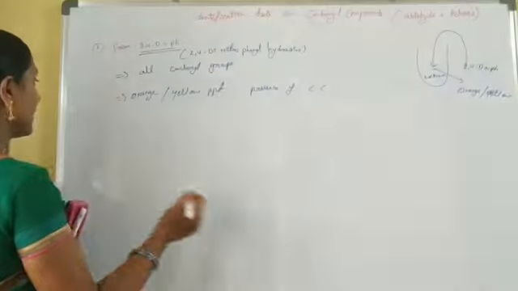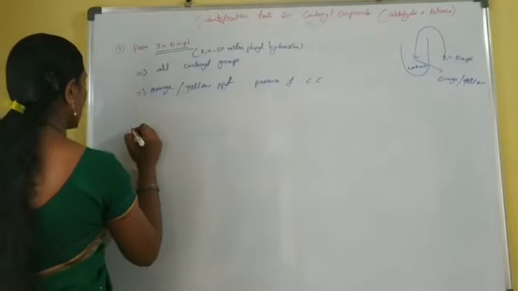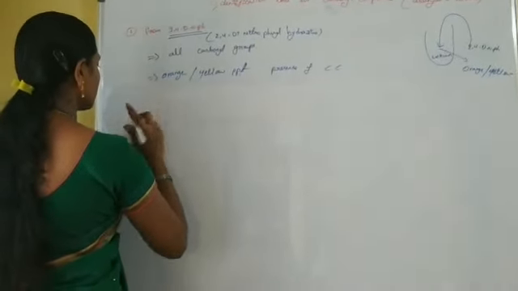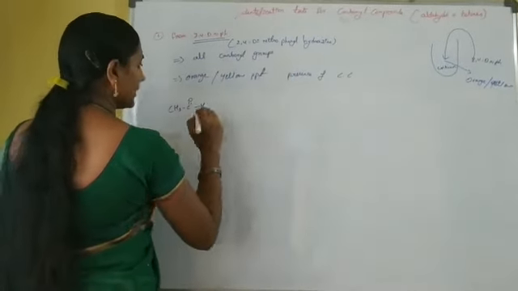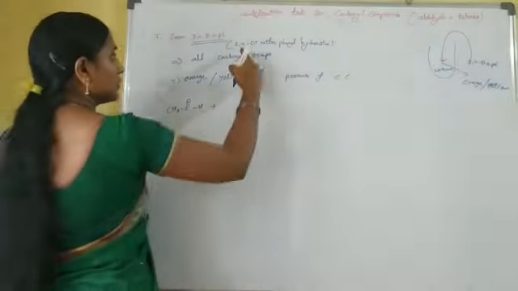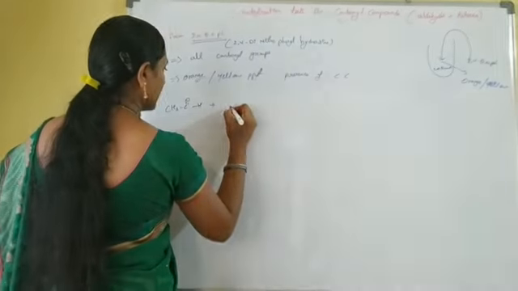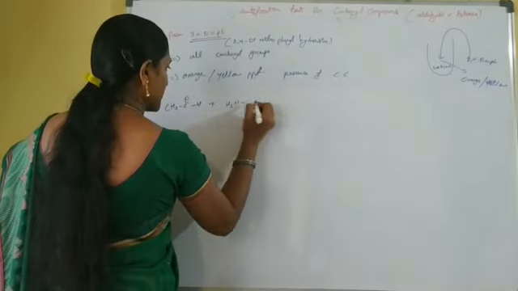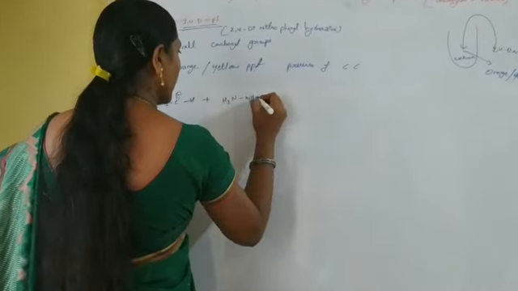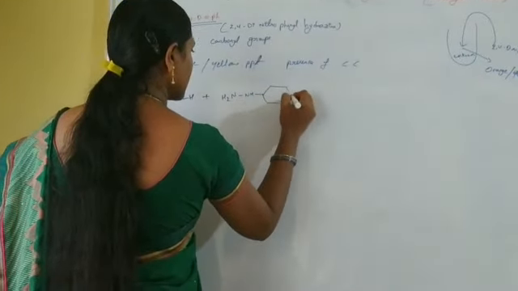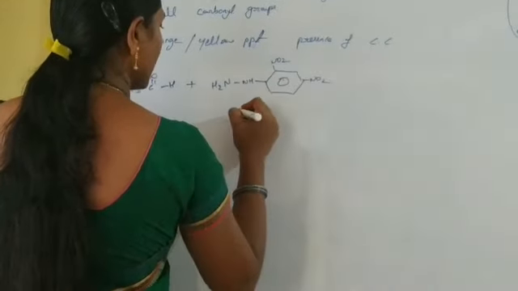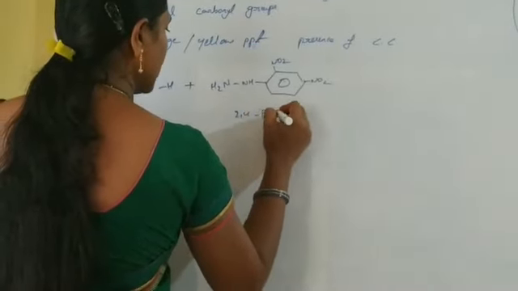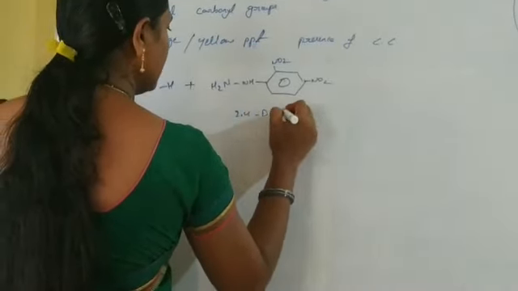In reaction form, you take any carbonyl compound like acetaldehyde. Now acetaldehyde is treated with 2,4-dinitrophenyl hydrazine, that is 2,4-DNPH.